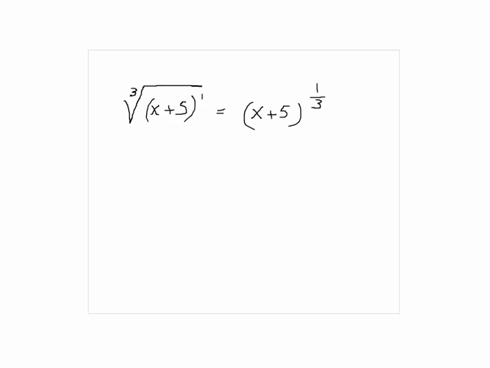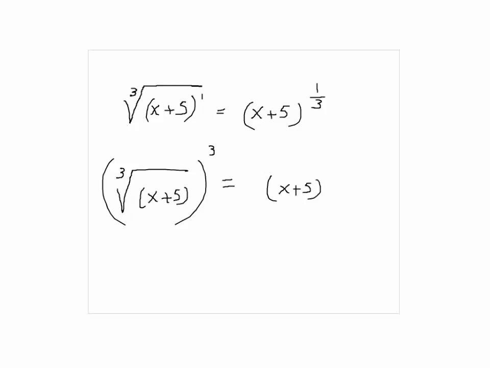So if I raise this to the power of 3, it's like I'm raising x plus 5 to the power of 1/3 to the power of 3. As you see, 1/3 times 3 would be equal to just 1, so I end up getting x plus 5 to the power of 1. If you can follow this concept, can I see a check mark next to your name?